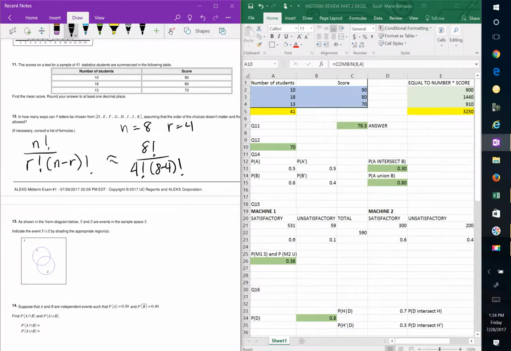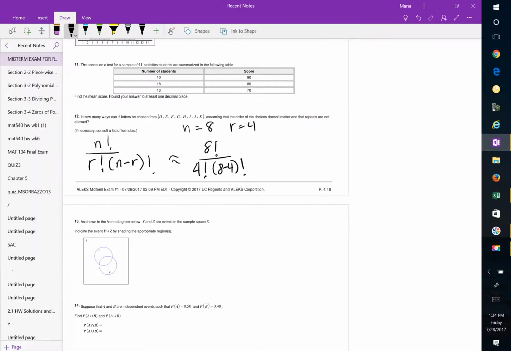It's a lot of writing, so I'm going to show you the long way to do this. If you use this method, you would do 8 times 7 times 6 times 5 times 4 times 3 times 2 times 1, all of this over 4 times 3 times 2 times 1, that's the bottom part, and 8 minus 4 is 4, and then again 4 factorial, so we have the same thing repeated.